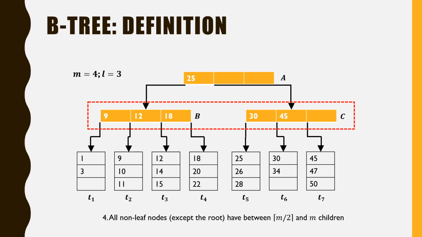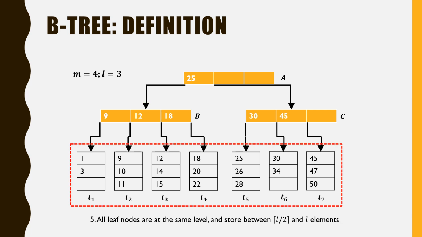In our example, all non-leaf nodes meet this requirement. Finally, the fifth property specifies that leaf nodes must store between the ceiling of L over 2 to L data elements. When L equals 3, this means that each leaf node can store between 2 to 3 data elements. In our example, all leaf nodes satisfy this condition.